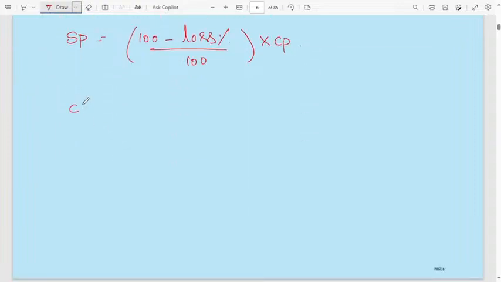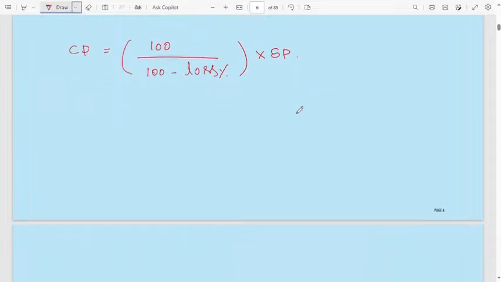Next, if loss is given, then cost price is 100 divided by 100 minus loss percentage into selling price. These are the important formulas based on profit and loss.